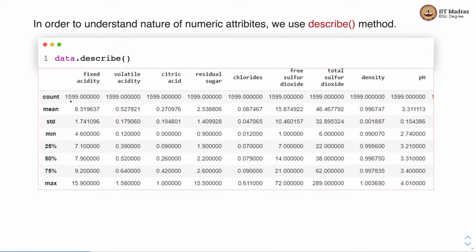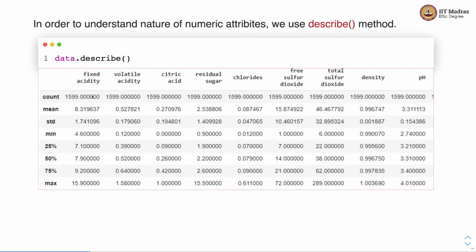This is the number of examples for this particular feature, and the mean is 8.3 with a standard deviation of 1.74. The minimum value of fixed acidity is 4.6 and the maximum value is 15.9. The 25th percentile is 7.1, the 50th percentile is 7.9, and the 75th percentile is 9.2.